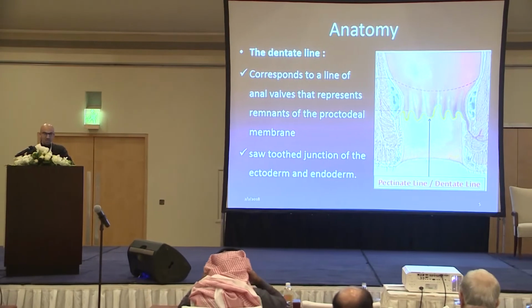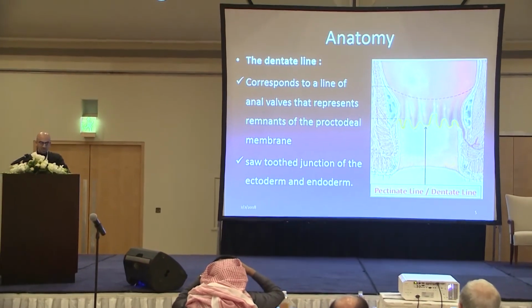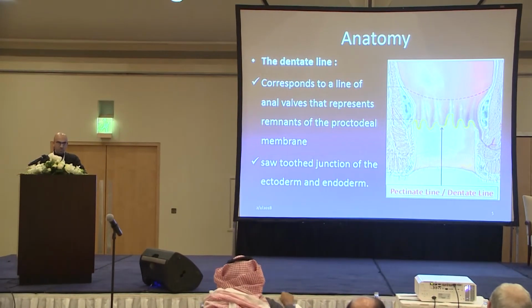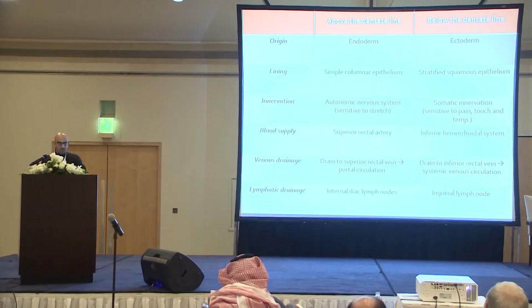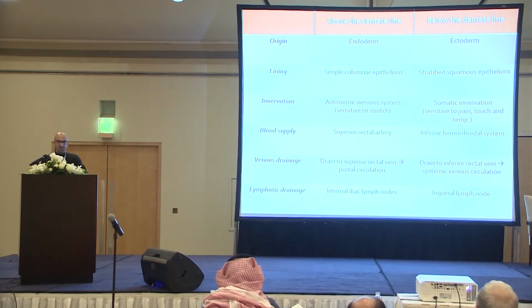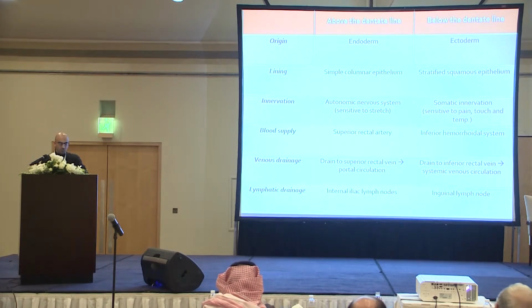You can see here that the yellow saw-toothed line represents the junction between the ecto and endoderm. This has a significant implication in treating patients with anorectal disease, and even in patients with malignant disease as well. Let's focus here on the management of hemorrhoids.